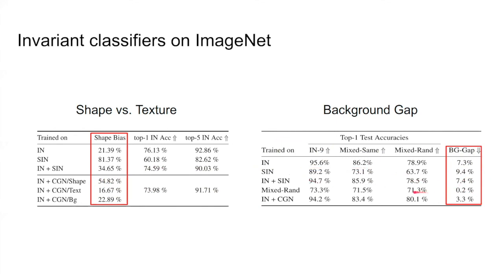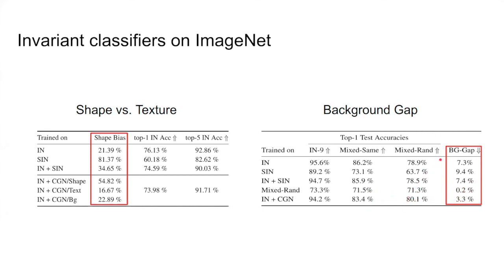If you train on this artificially generated data set, you do lose lots of accuracy, but you close this background gap. We show that we're somewhere in between. We don't lose that much accuracy, only a little bit, but we do still close the background gap.